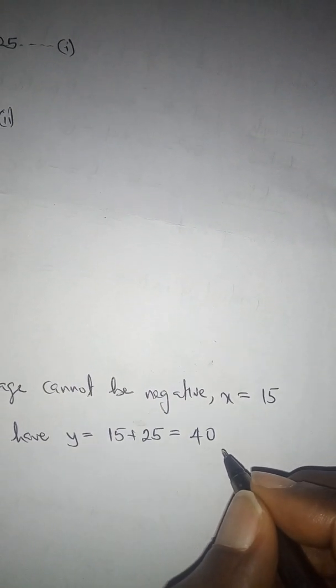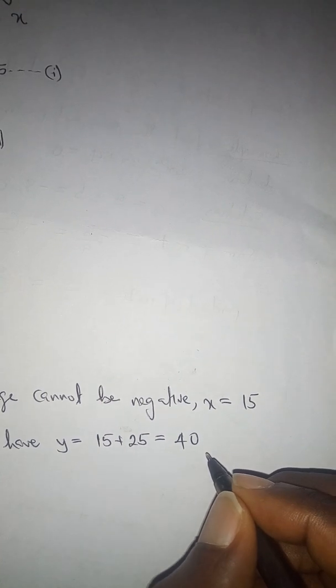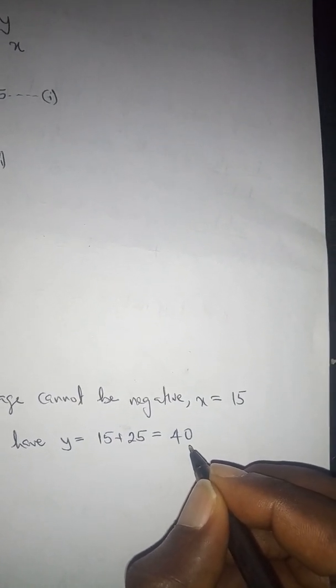By doing that, we have y equals x, which is 15, plus 25, which is equal to 40. So that means the age of the woman, which is y, is 40 years. So we have been able to know the age of the woman as well as the age of the daughter.